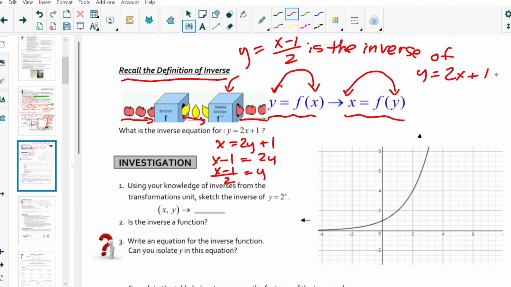Or likewise, you can say y equals 2x plus 1 is the inverse of y equals x minus 1 divided by 2. Okay?